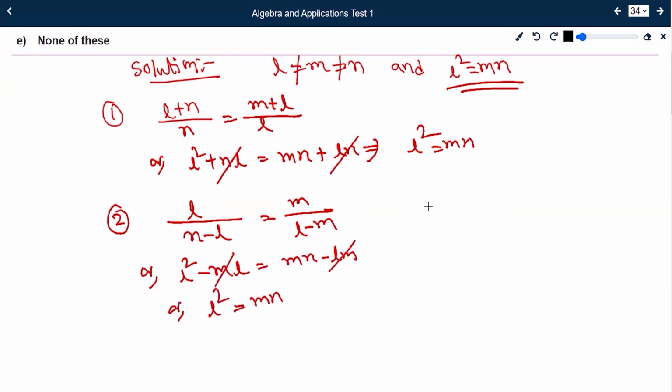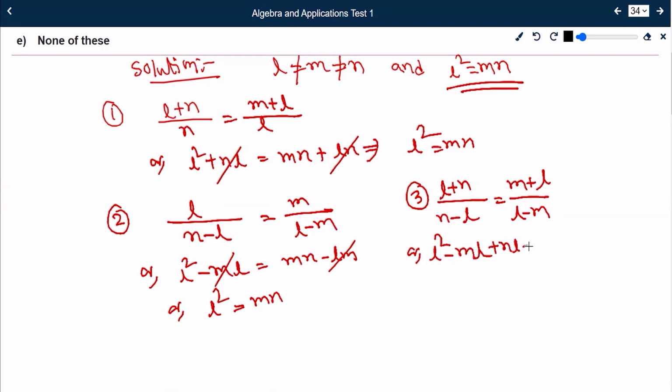Okay, again. So let's check the third statement, that is (l plus n) by (n minus l) equals (m plus l) by (l minus m). Here if we do the cross multiplication, we will get l square minus ml plus nl minus mn equals mn plus nl minus lm minus l square, correct?